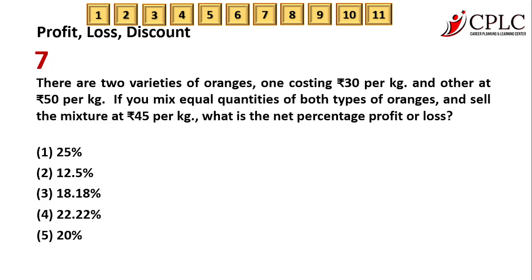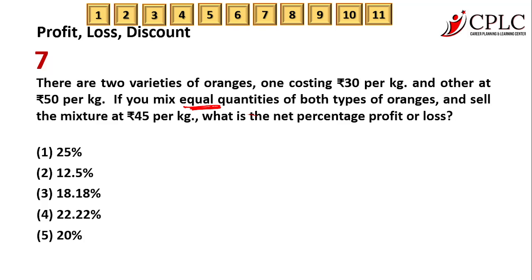Now the important part here, which is what you need to remember, is equal quantity. So that means you can assume any quantity for both the types as long as it is the same. You can assume for both varieties individually 1 kilo, 5 kilo, 10 kilo, half kilo. But whatever you do, make sure it is the same, which is the most important idea.